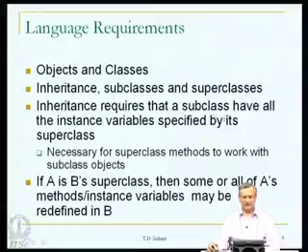Inheritance requires that a subclass have all the instance variables specified by its superclass. In other words, if the superclass has 3 variables which are actually declared, then every subclass of this superclass will have all these 3 variables in it. This is necessary for the superclass methods to work with subclass objects.